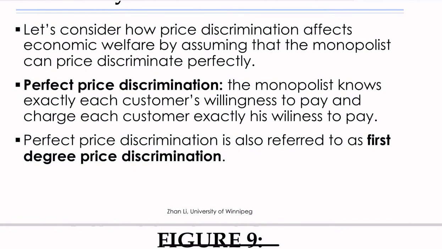First degree price discrimination is also called perfect price discrimination. So it means that the monopoly has perfect knowledge. What kind of perfect knowledge? Well, the monopolist knows exactly each buyer's willingness to pay. And the monopolist will charge exactly each buyer his willingness to pay.